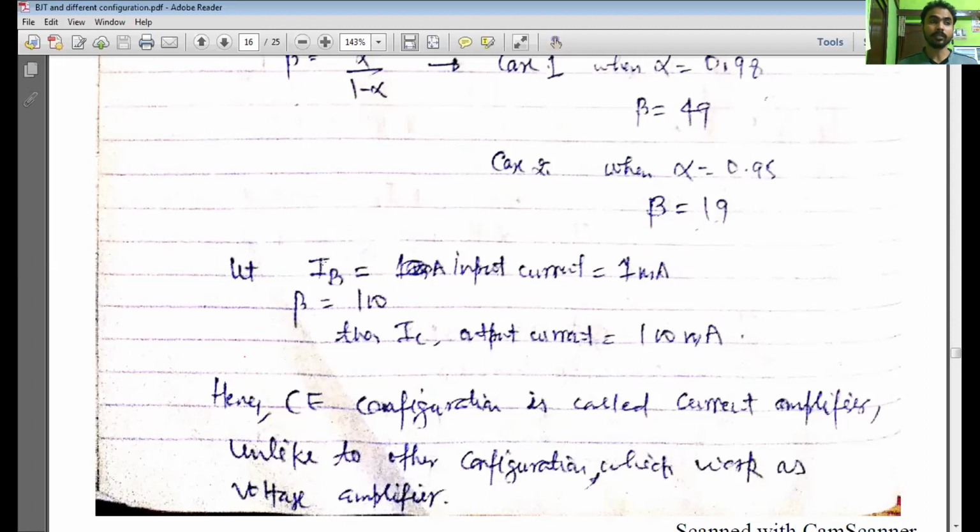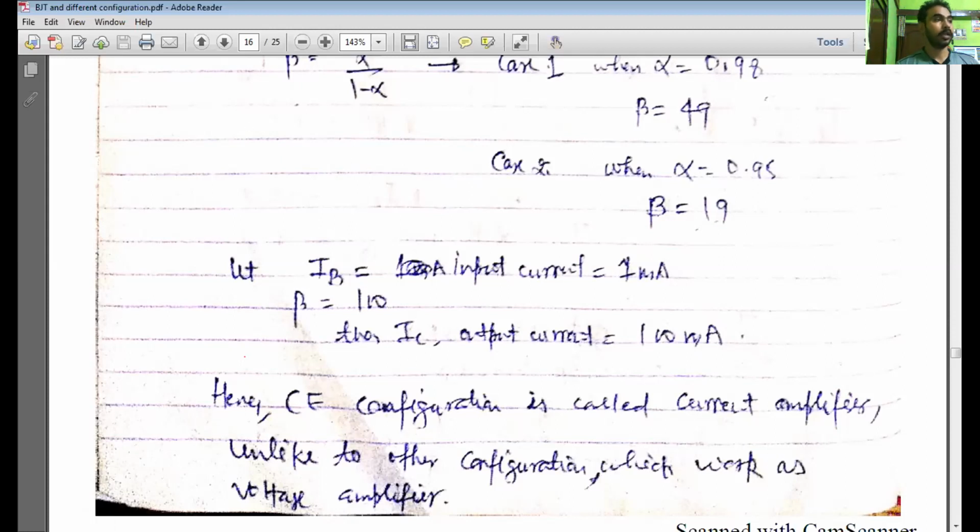Remember, in the common base, alpha, the current amplification factor, was less than 1. So basically it's not doing current amplification. It was doing voltage amplification, and that is why the common emitter configuration is called a current amplifier, while the other configuration is called a voltage amplifier. The common emitter configuration is amplifying the current.